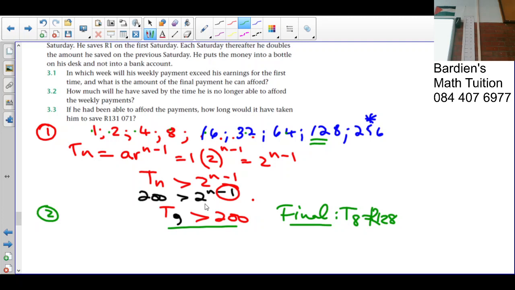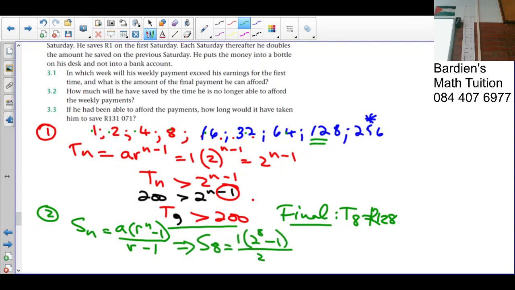For 8 weeks. So you're going to work out Sn is equal to a(r^n minus 1) over r minus 1. So if we say S8, this implies that S8 is equal to a, which is 1, r is 2, 2^8 minus 1 over 2 minus 1.